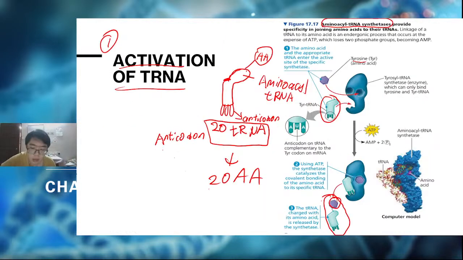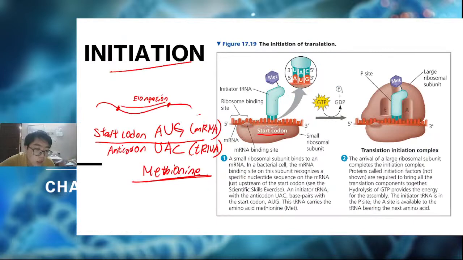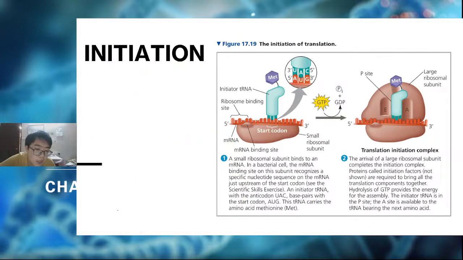Okay, so this is the general overview of the translation. For the initiation process, I already said our start codon is AUG. This is for mRNA.